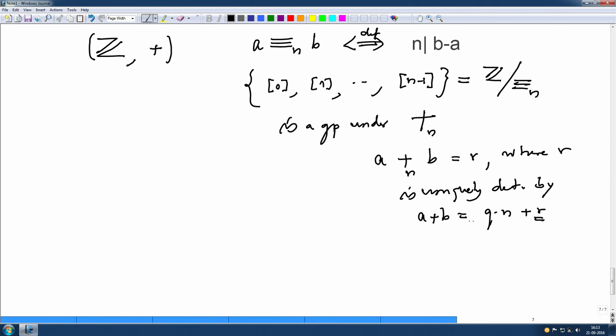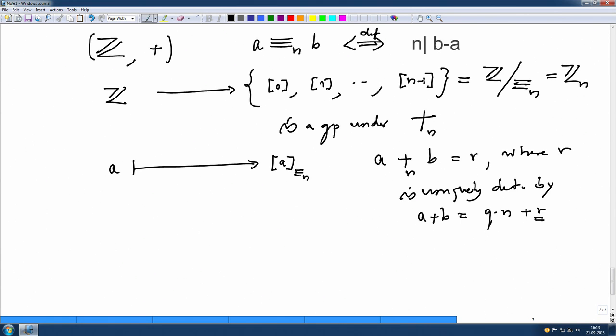This r is the remainder after division by n. So this is a group again, and this group we have been calling Z mod n. And now the natural map from Z to Z mod n takes any integer a to its remainder after dividing by n, that is, the residue class of a modulo n, and we have seen this is a group homomorphism.